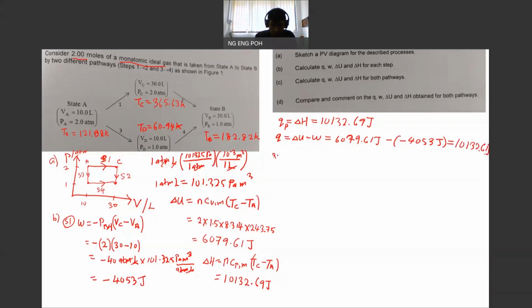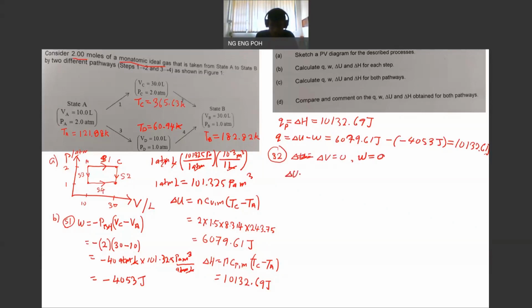Now we go to see step 2. This is constant volume, so it is an isochoric process. Delta V equals 0, so the W will be 0 also.